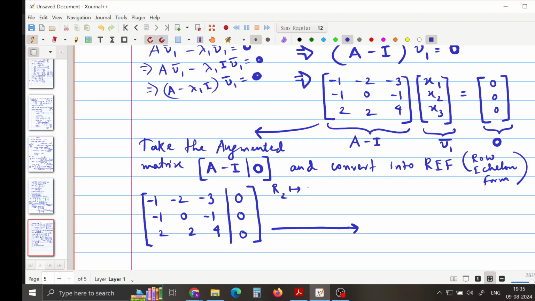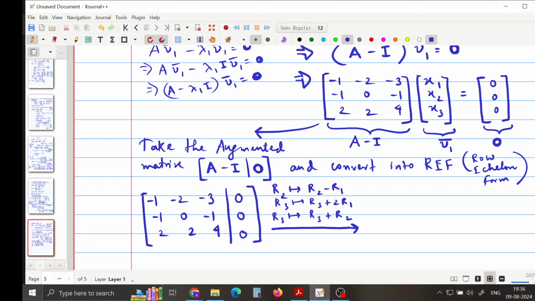R2 changes to R2 minus R1. I did this first. Then I did R3 changes to R3 plus 2R1. Then R3 changes to R3 plus R2. This sequence need not be unique. By the way, the row echelon form is not unique. It depends on the sequence of steps that you perform.